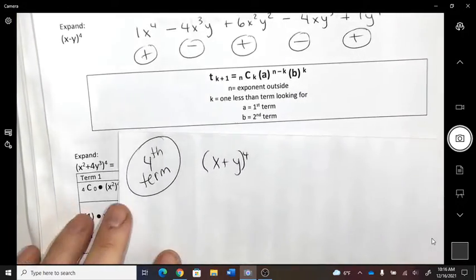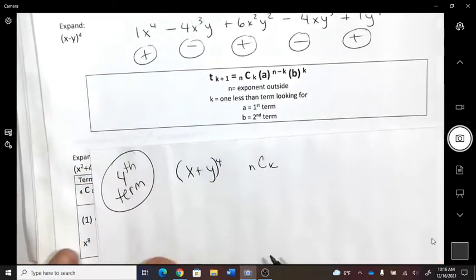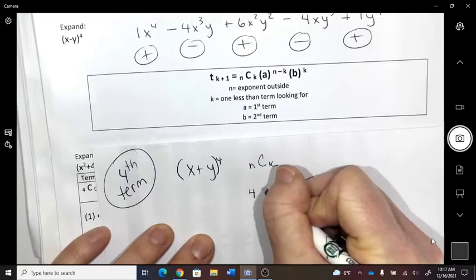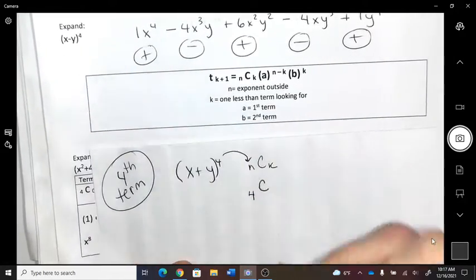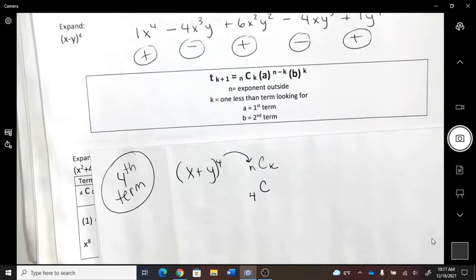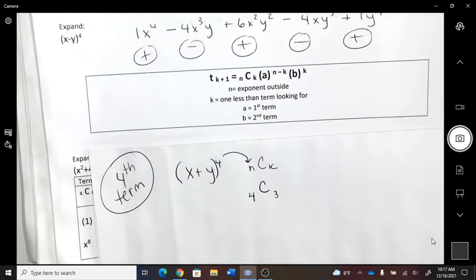Okay, so this formula, the nCk is the exponent choose, and since I'm going to find the fourth term, I'm going to choose 3.